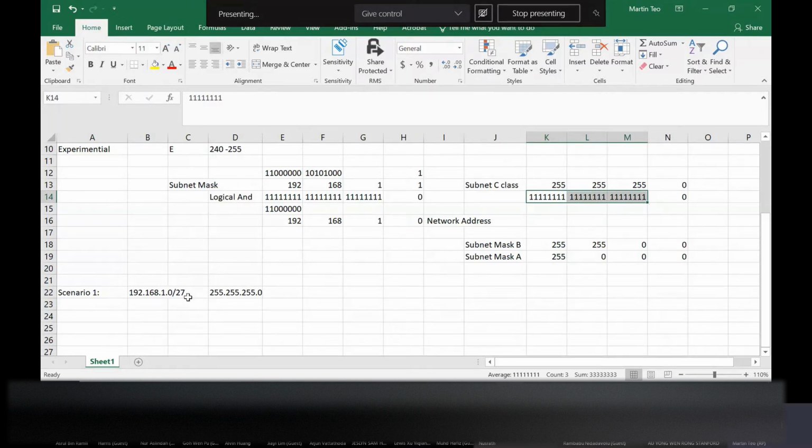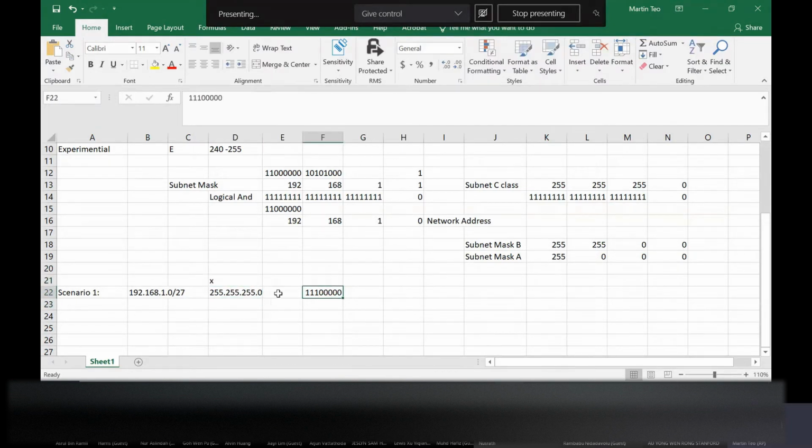For /27, that means bits 25, 26, 27 make use of the last octet already. So the last octet will become 11100000, 1, 2, 3, 4, 5, 6, 7, 8. The actual subnet mask will no longer be like that.